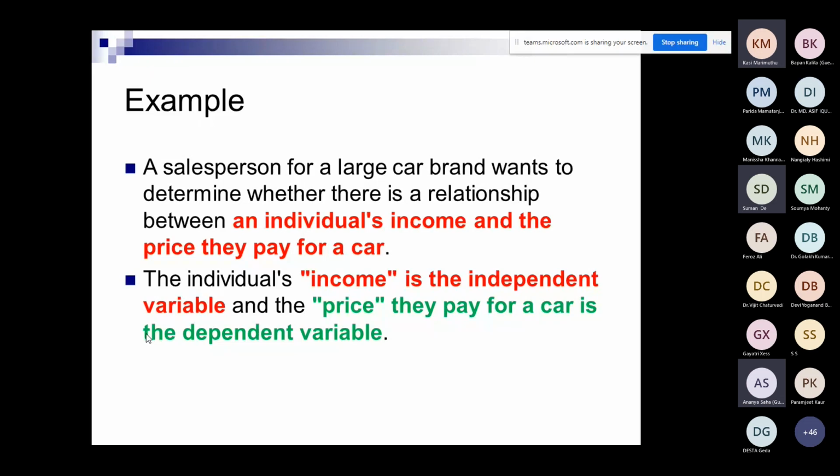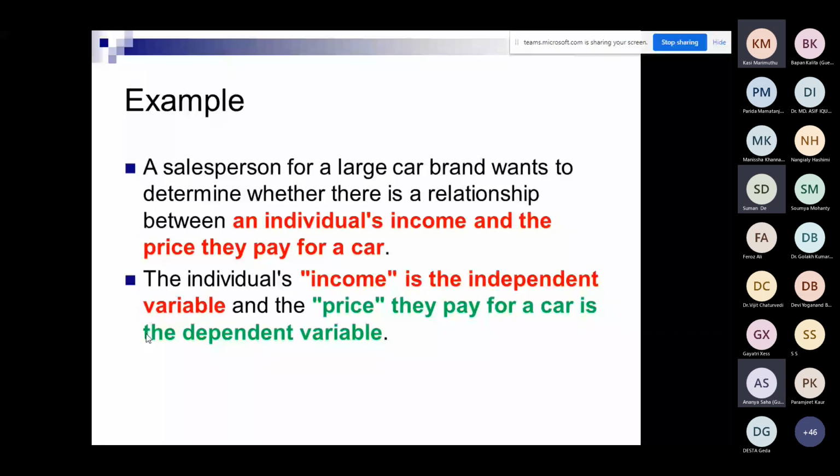Any agent can predict: tell me your income, and I will advise what kind of car you can go for and suggest a monthly payment. A salesperson in a large car brand wants to determine whether there is a relationship between individual income and the price they pay for a car. Suppose someone's income is 7 lakhs, how much are they ready to pay for a car? The salesperson can recommend a particular car.